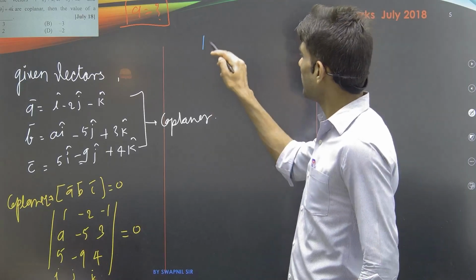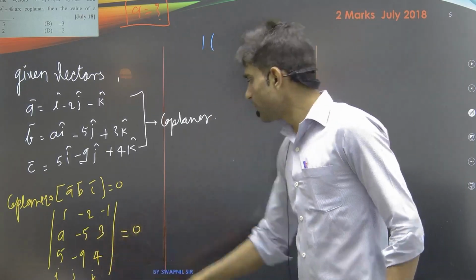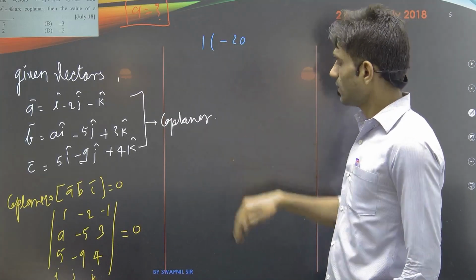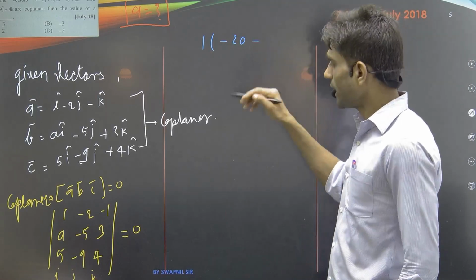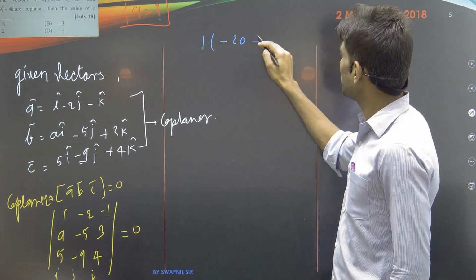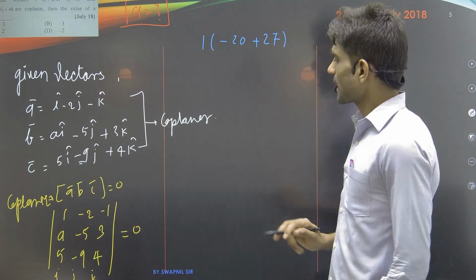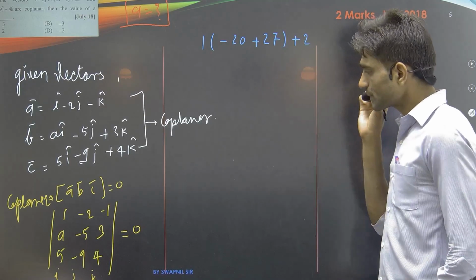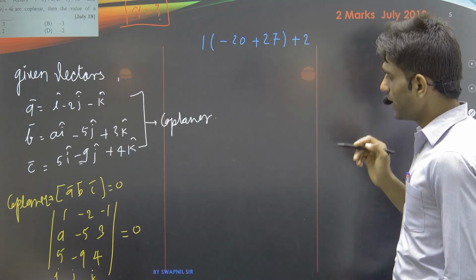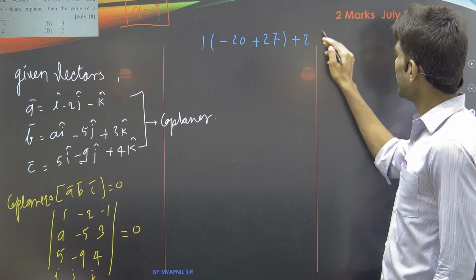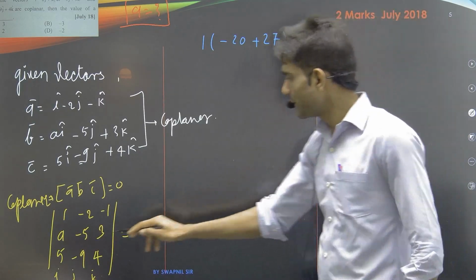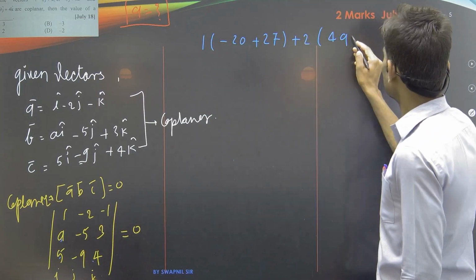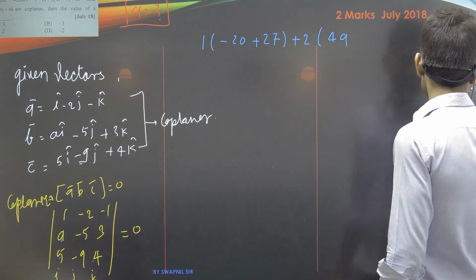So in the first bracket we write -5 multiplied by 4, so -5 fours are negative 20, minus negative 9 threes are 27, so it gives a positive 27. Second, negative of -2 gives a positive 2. Under it remain 4 into a, so 4a, minus 5 threes are 15.